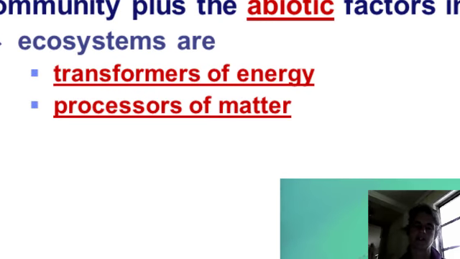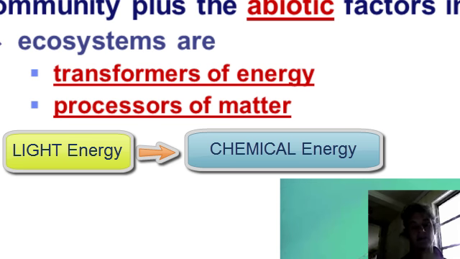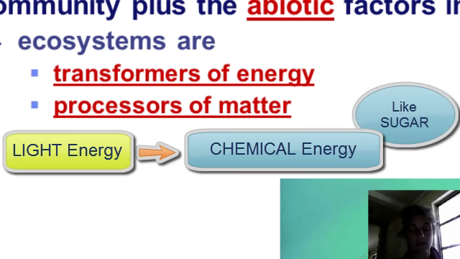The big picture is that we have this energy coming at us from the sun that you and I cannot use, but there are other things that can use it, and they transform that energy into a usable form for us. They take that light energy and transform it into chemical energy that we can then access.